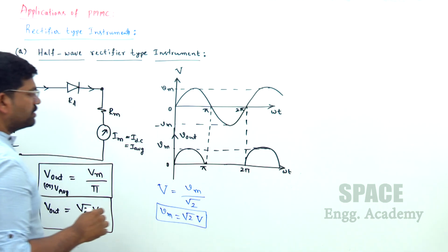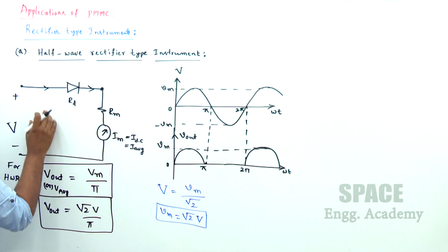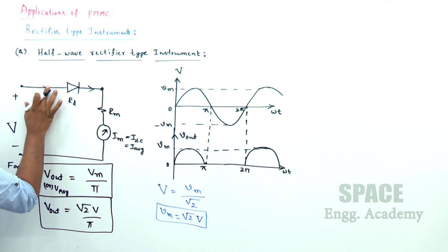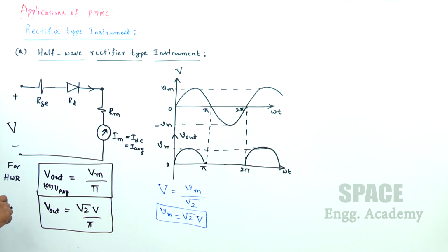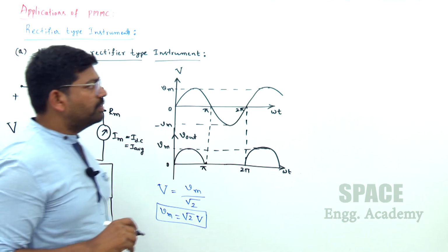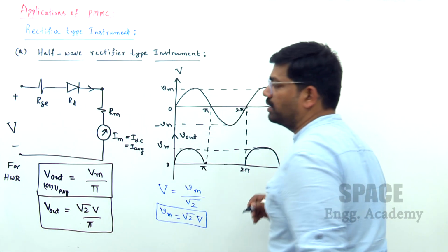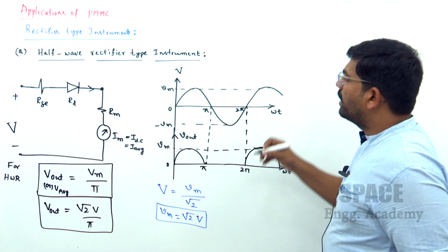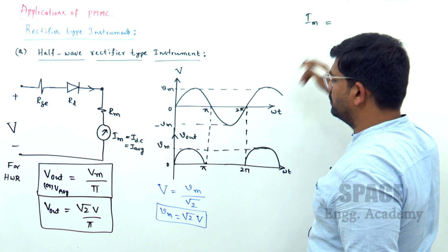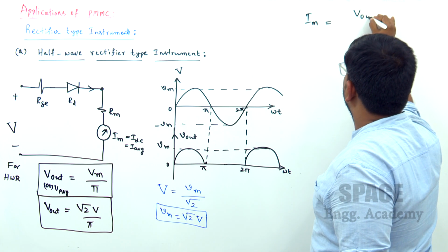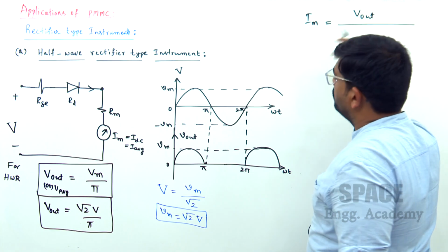Got the point? But at the same time, we extend the range of this meter by adding a multiplier resistance or series resistance. Series resistance I am adding like this. Now if I write the expression for current Im, or I average, it is equal to V output by total resistance.